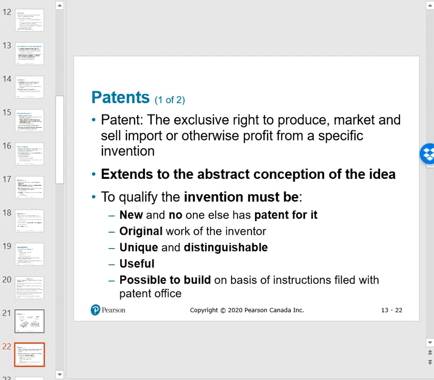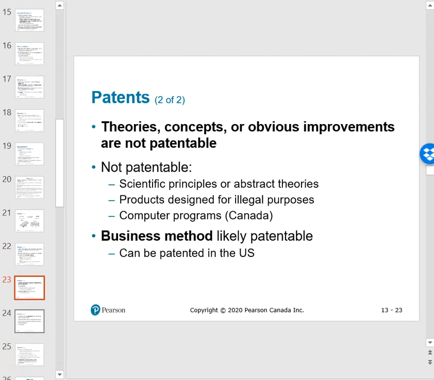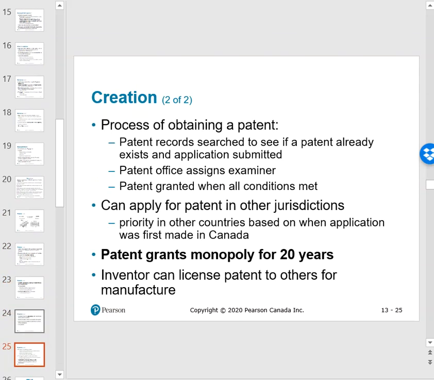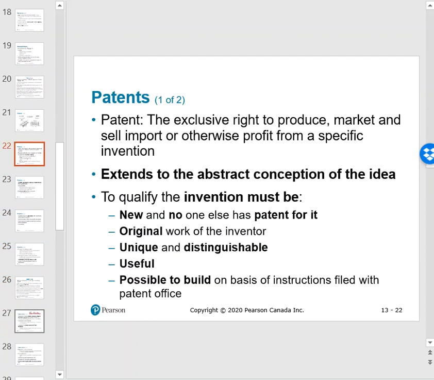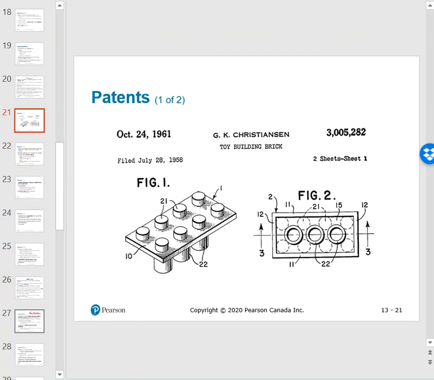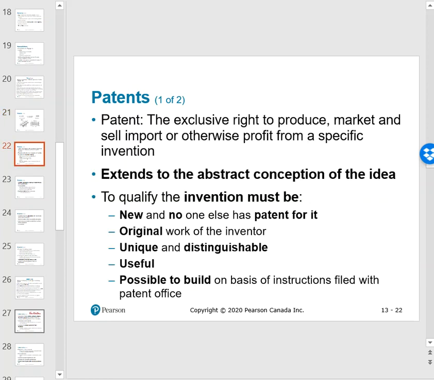But what is a patent? What does a patent protect? Well, a patent will protect things such as Lego here, vaccines, as I said, drugs, medicines. If you have a smartphone, your smartphone will have lots of patented products.